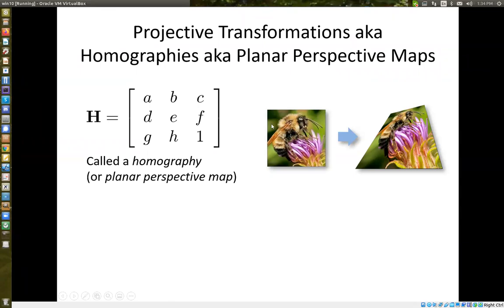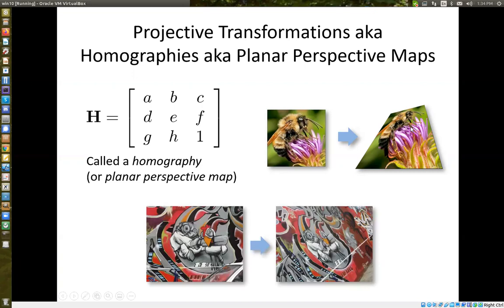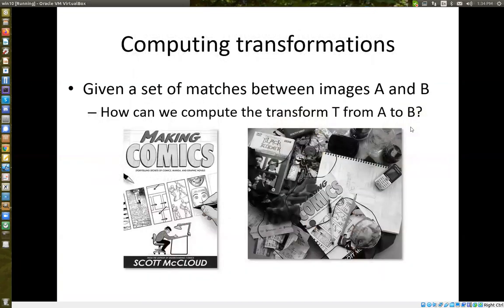So you can have something like that, right? This square here can be totally mapped into something like this. So this is another example.